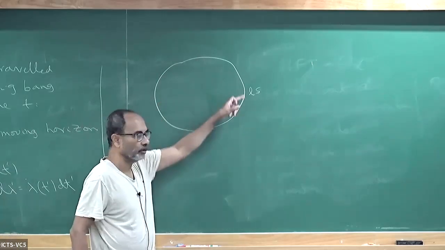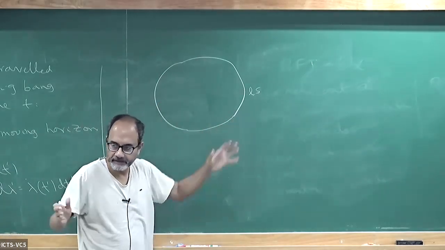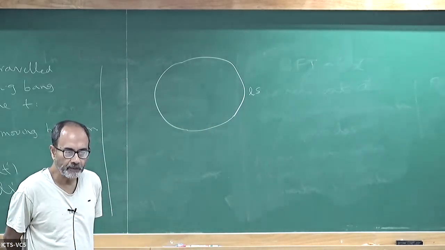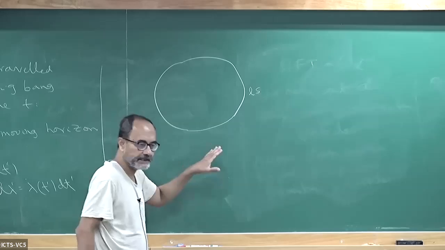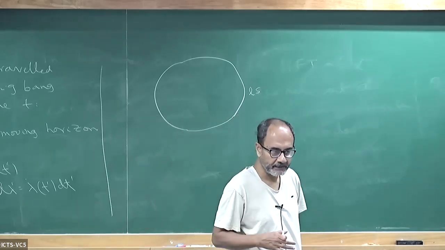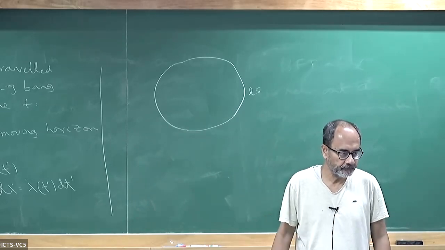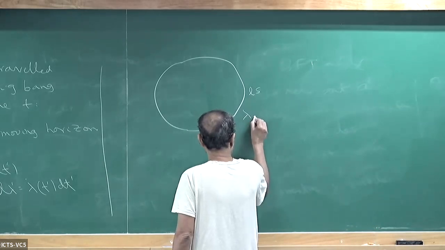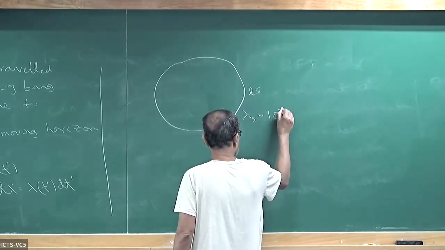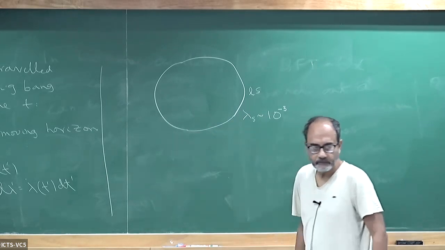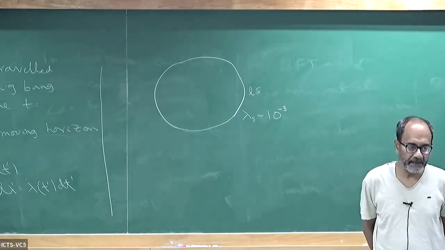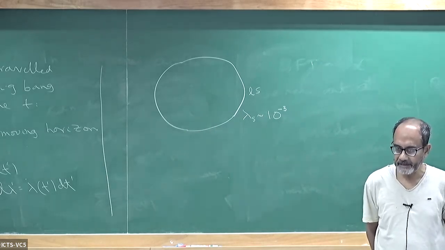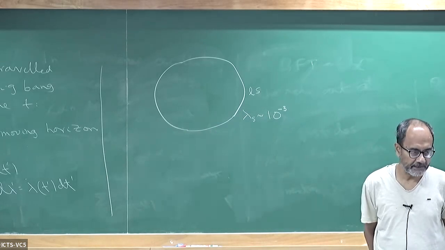This surface we know very well where it is, and how much the co-moving radius of the surface is, because determining this only requires physics between last scattering and today, and that we know very well. So you can reconstruct back. So this is about lambda s of order 10 to the minus 3. You saw that the temperature at which last scattering happens was something like 3000 K, and that's about lambda equal to 10 to the minus 3.